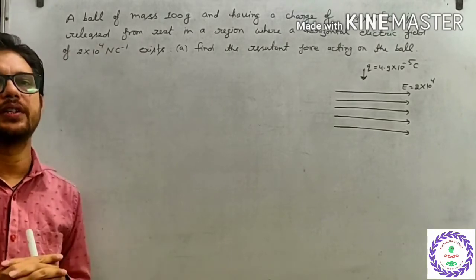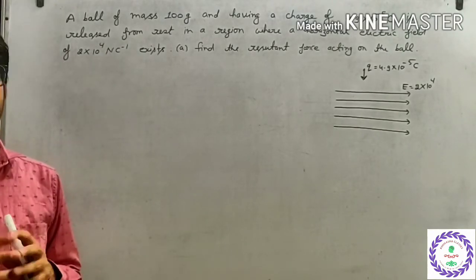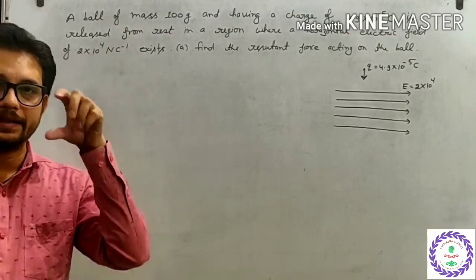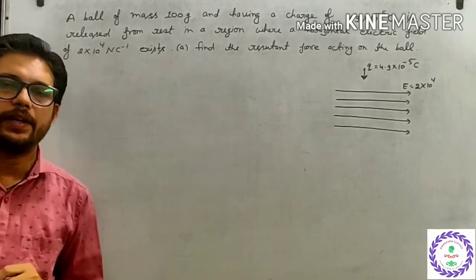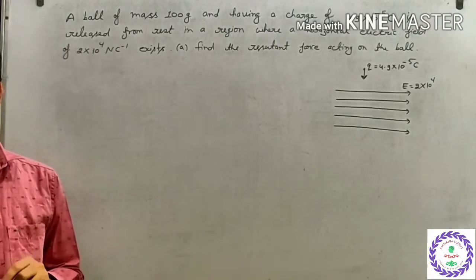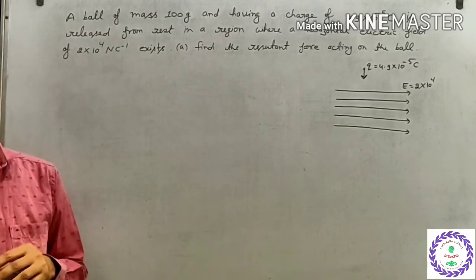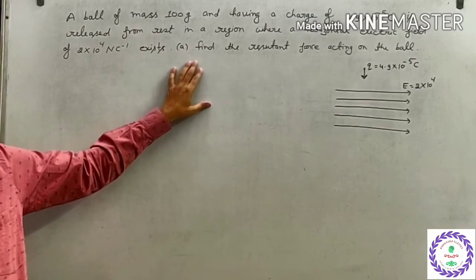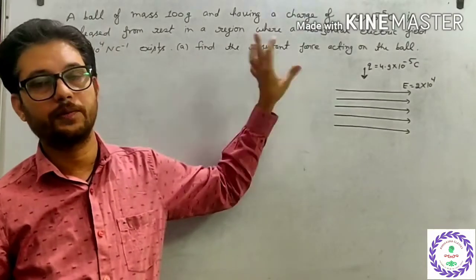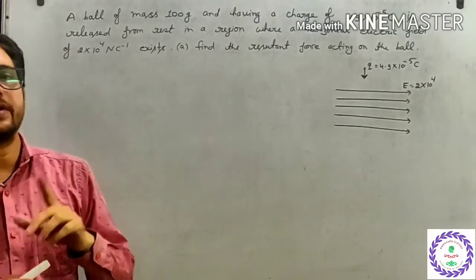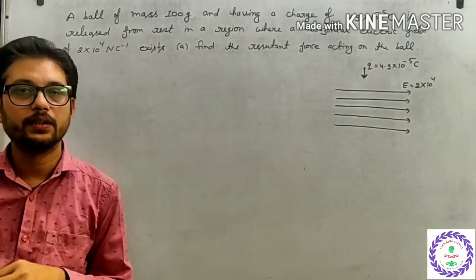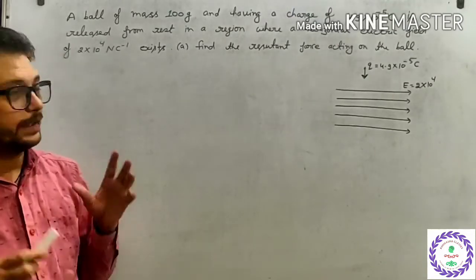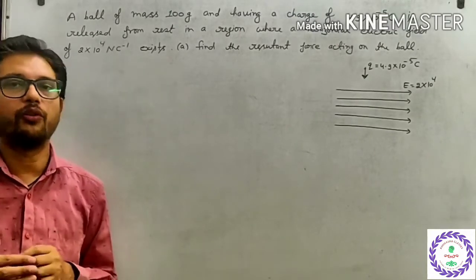In the previous question it is clearly mentioned that the mass is 1 gram, and that we have to neglect the force of gravity, meaning the weight of the charge. But in this question the first part is to find the resultant force. As in the previous question, we have two forces: first one is the force of gravity, second one is the electric force. Same pattern we have to follow here.